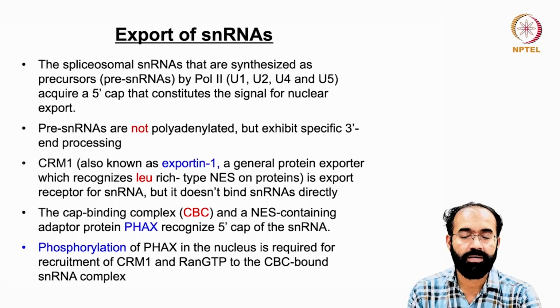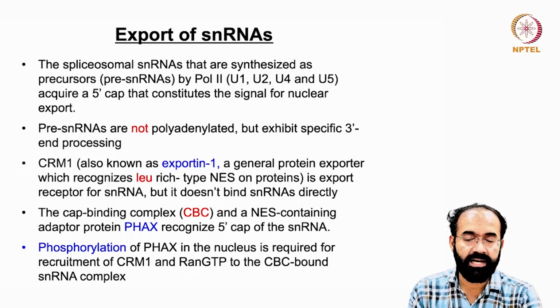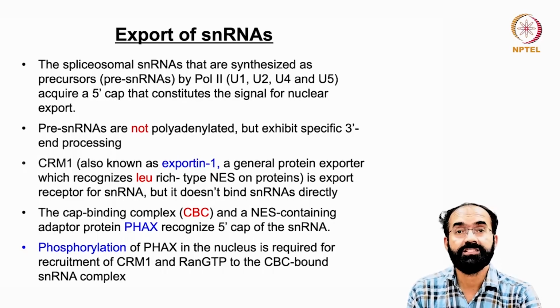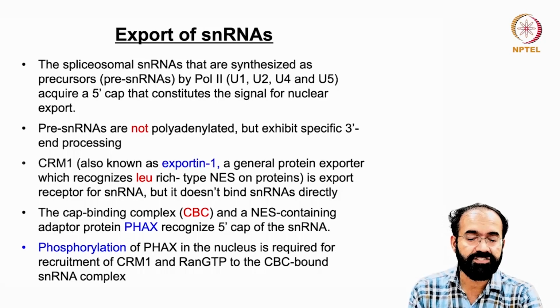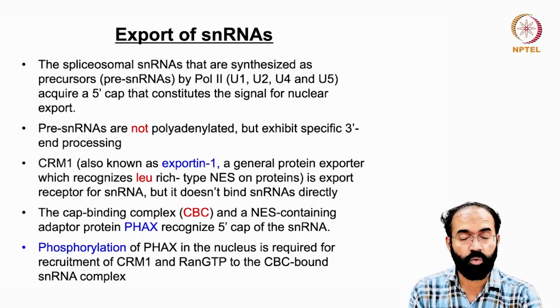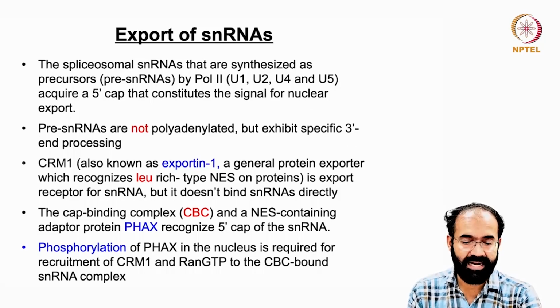Here we are talking about exportin 1, which has another name, CRM1, a general protein exporter which recognizes leucine-rich type NES on proteins associated with this snRNA. The CRM1 protein is the export receptor for snRNA, but it doesn't bind snRNA directly.